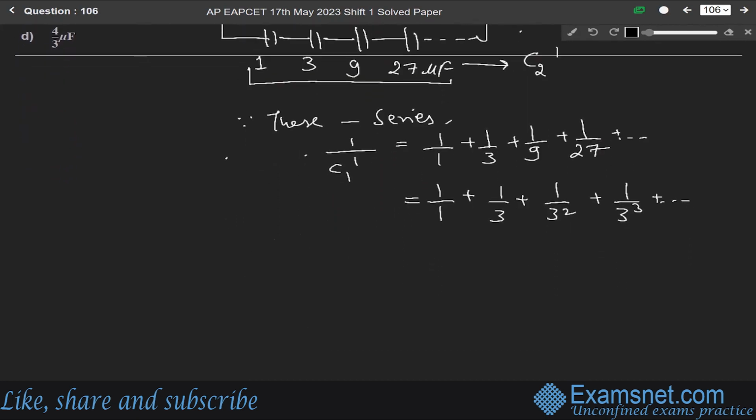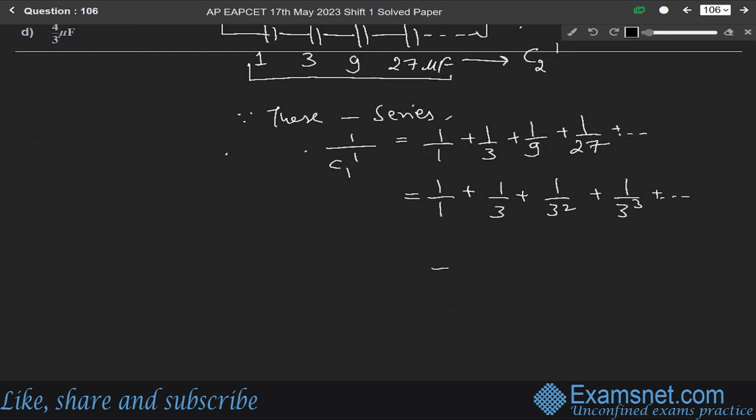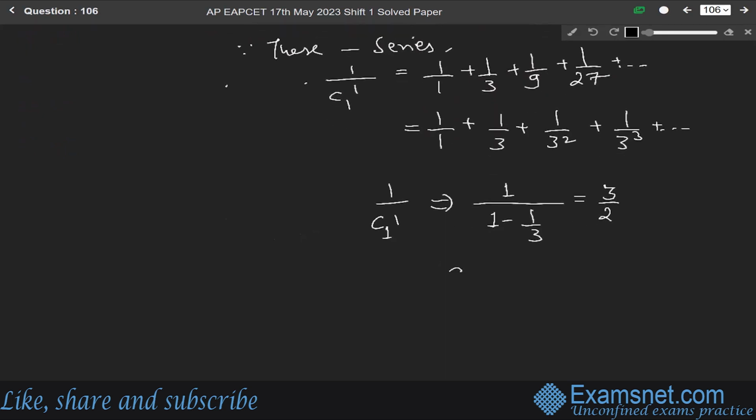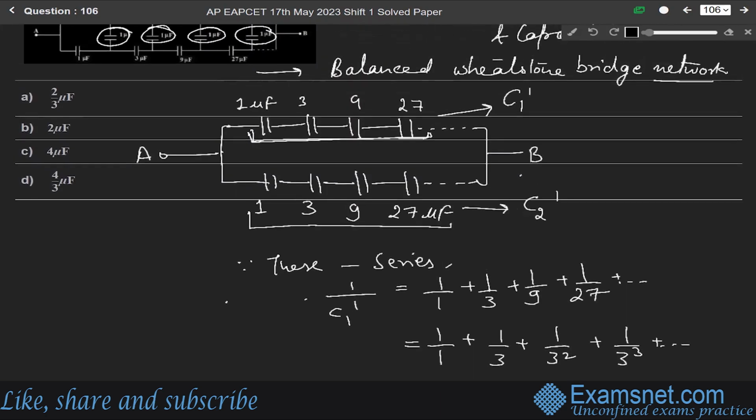Solving this series, it will be 1 over 1 minus 1 by 3, so it will be 3 by 2. So 1 over C1 dash will be 3 by 2, so C1 dash will be 2 by 3 microfarad. Let us say this is equation number 1. So the net capacitance of these four capacitors, C1 dash, comes out to be 2 by 3 microfarad.